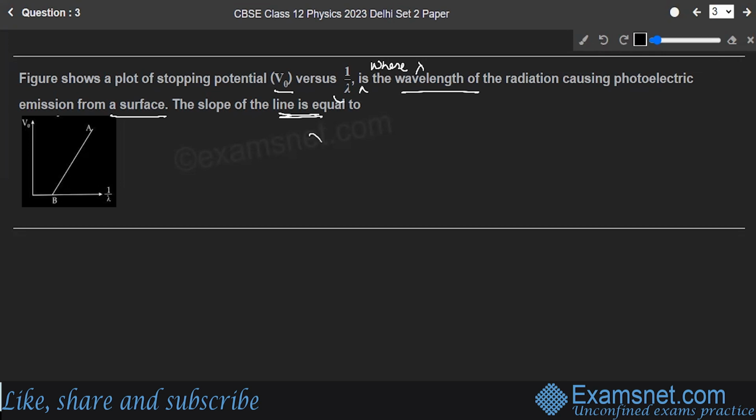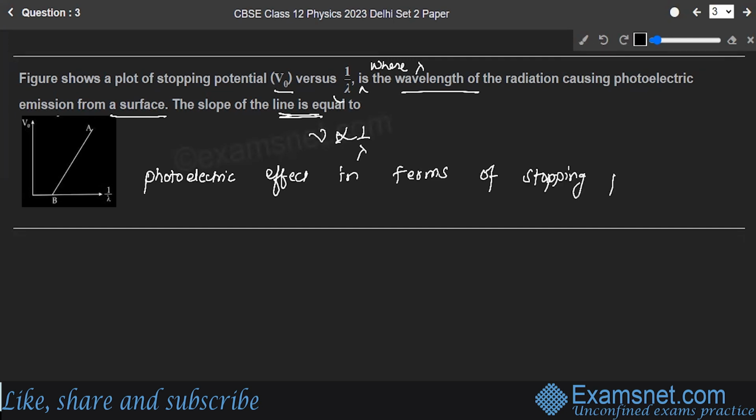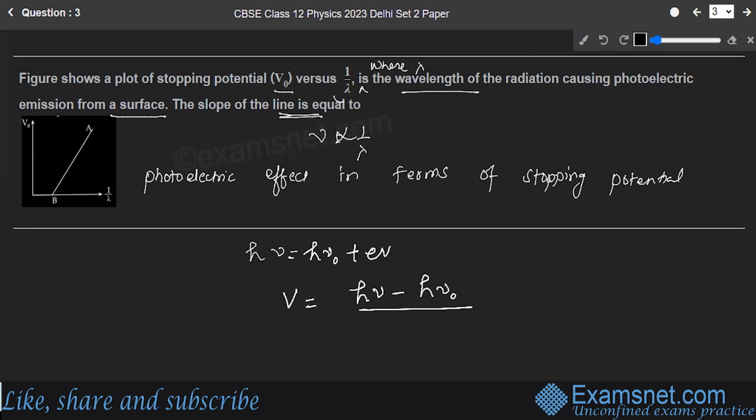You know one thing, that frequency is inversely proportional to the wavelength, and the photoelectric effect in terms of stopping potential is given by h nu is equal to h nu naught plus eV. So you have V given by the difference between the two, h nu minus h nu naught upon e.